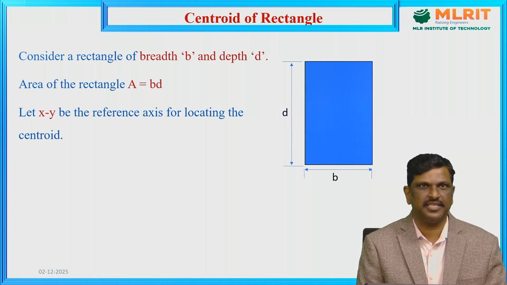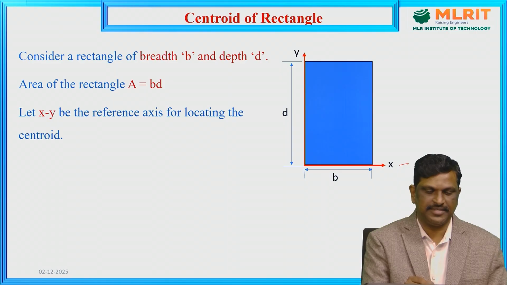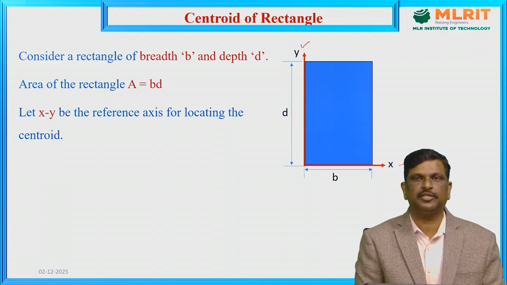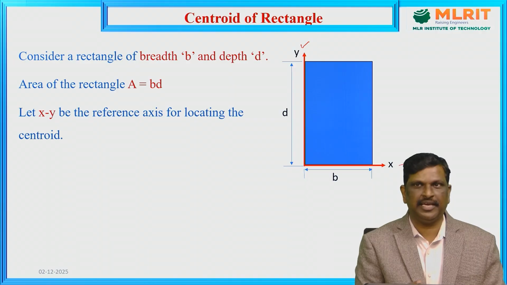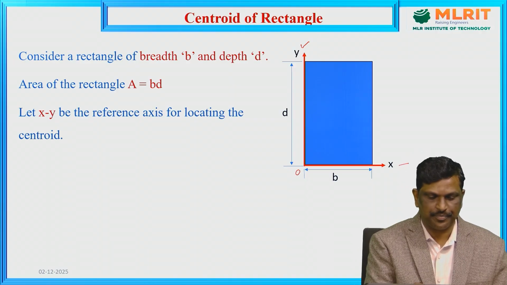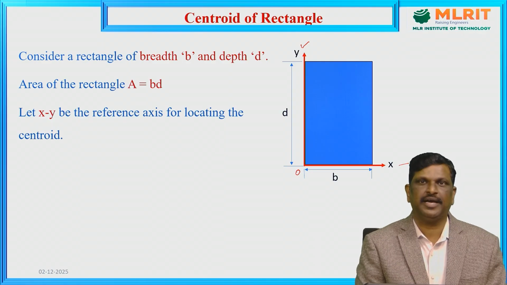The x-axis is at the bottom of the rectangle and y-axis is taken as the left side edge of the rectangle, so that the total rectangle will lie right side of the axis, and the bottom left corner will be the origin for the axis.